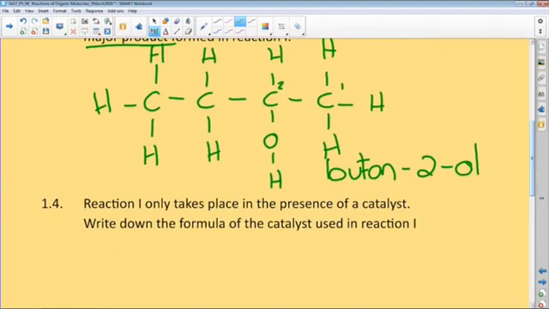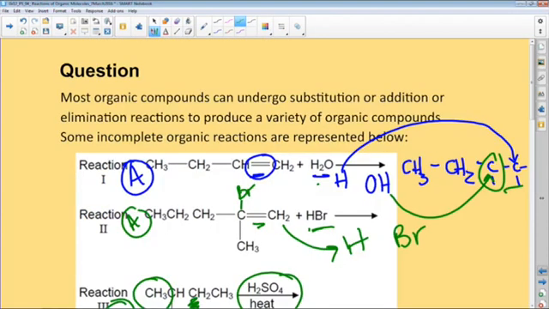Then, reaction 1 only takes place in the presence of a catalyst. Write down the formula of the catalyst used. So we look at it, and it's H2O. Here are the conditions. Now, I haven't spent a lot of time on the conditions because we've got to do a lot of stuff, but you need to go look back in your textbooks, okay? They will all be there, but the conditions are incredibly important, okay?